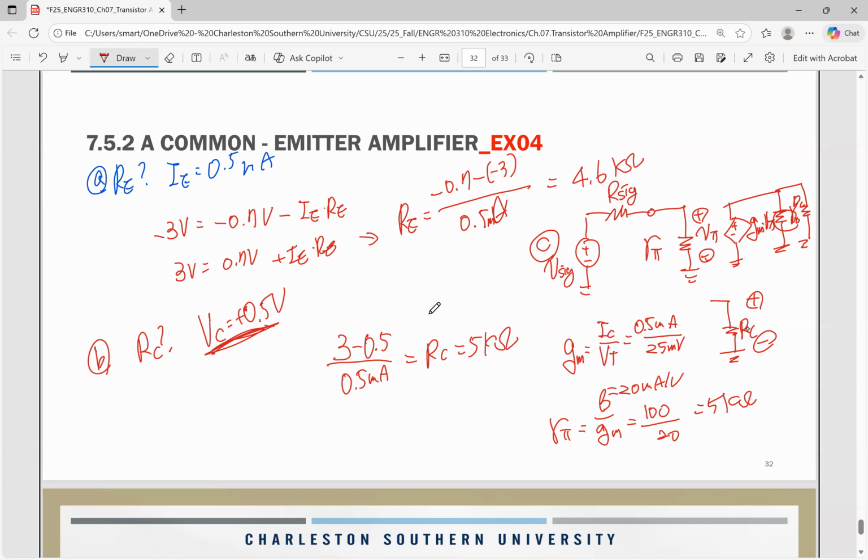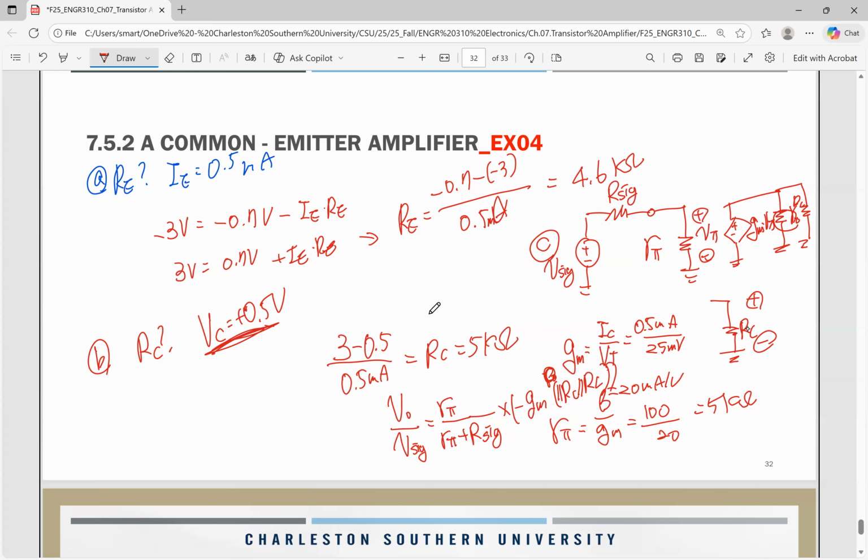Now let's say V sub 0 over V sub signal is R sub pi over R sub pi plus R sub signal, times minus G sub M times R sub C in parallel with R sub L. Again, if we want, you can add in the R sub 0, but it's the same thing.